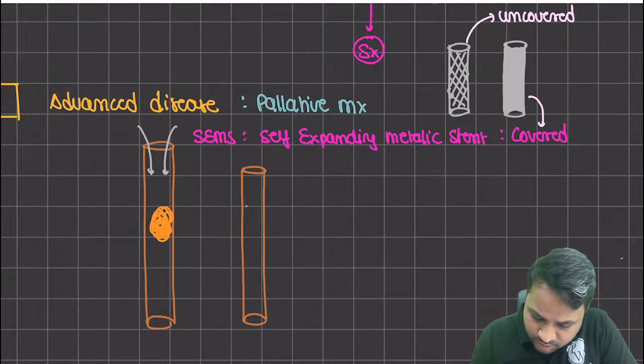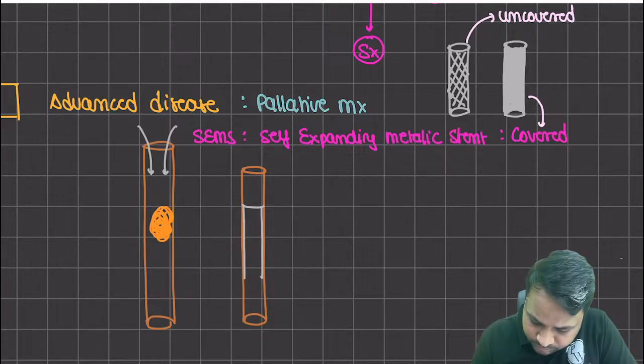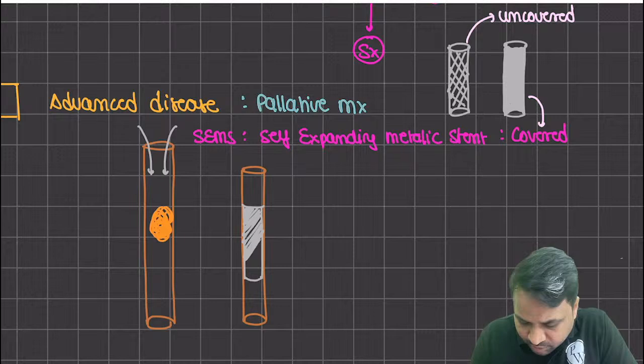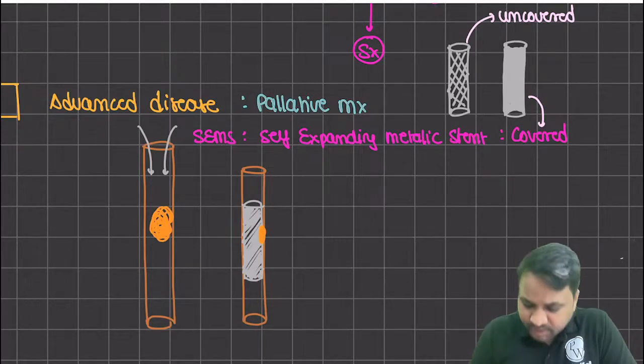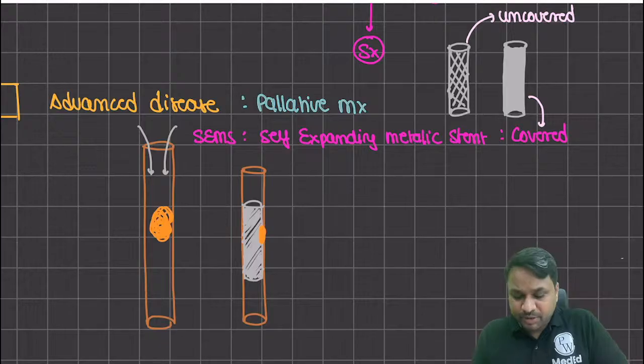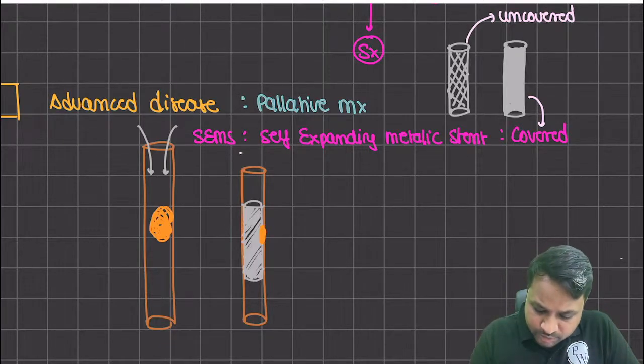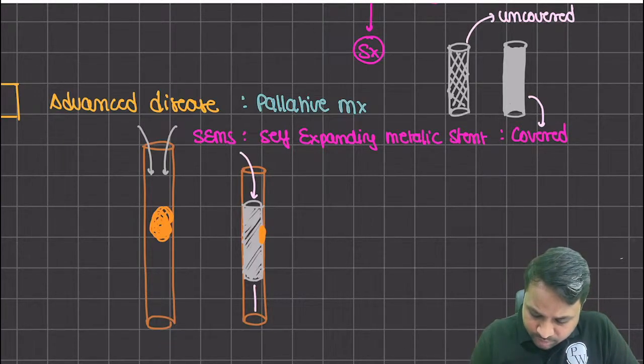Once I install a covered stent, which is going to be here, it will push the tumor away, keep the lumen patent, and allow the passage of food without any problem.